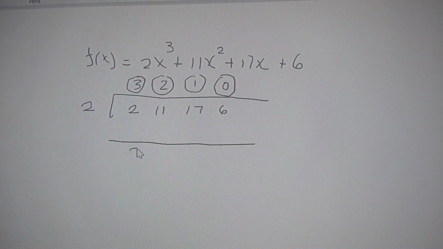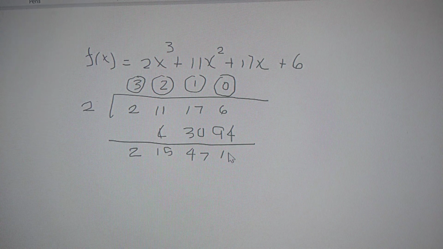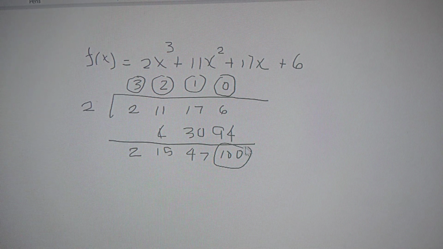Bring down the 2. 2 times 2 is 4. That'll be 15. 15 times 2 is 30. So that's 47. 47 times 2, what is that? 94. That's 100. That's not 0, is it? 2 is not good. Let's keep on trying.